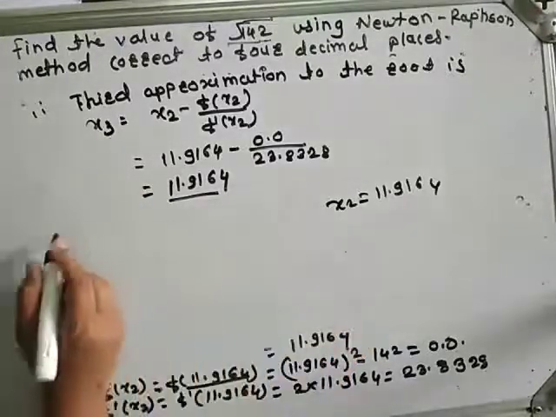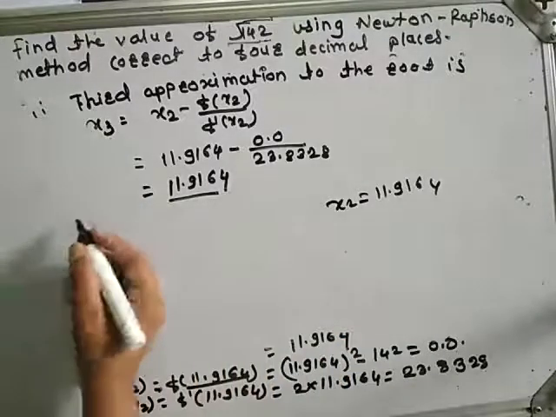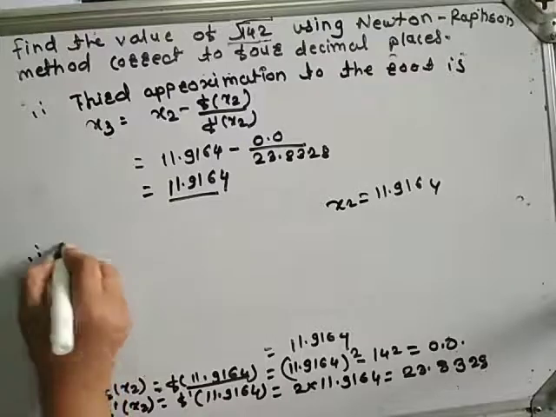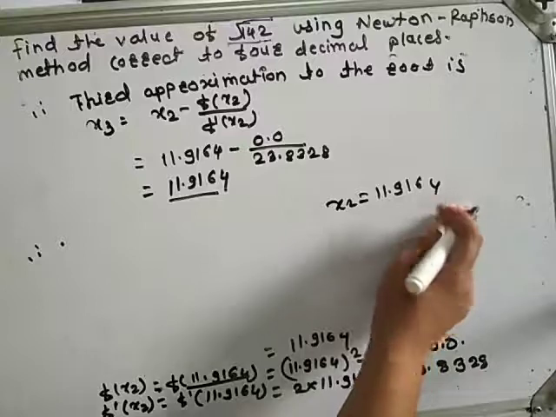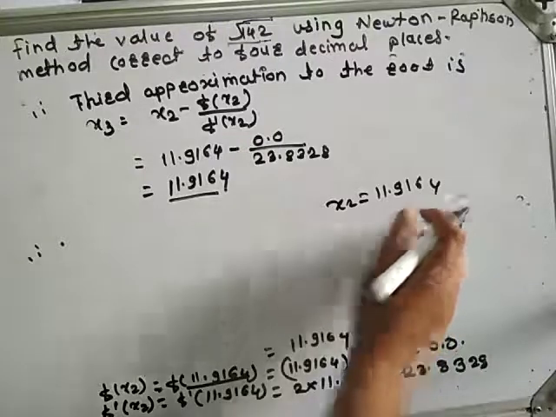Therefore, we will stop the iteration, and therefore the required root is 11.9164.